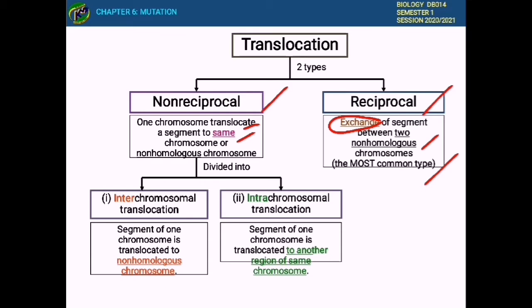Non-reciprocal is divided into interchromosomal and intrachromosomal translocation. For interchromosomal, a segment of one chromosome is translocated to a non-homologous chromosome. It means a different chromosome. For intrachromosomal, a segment of one chromosome is translocated to another region of the same chromosome.